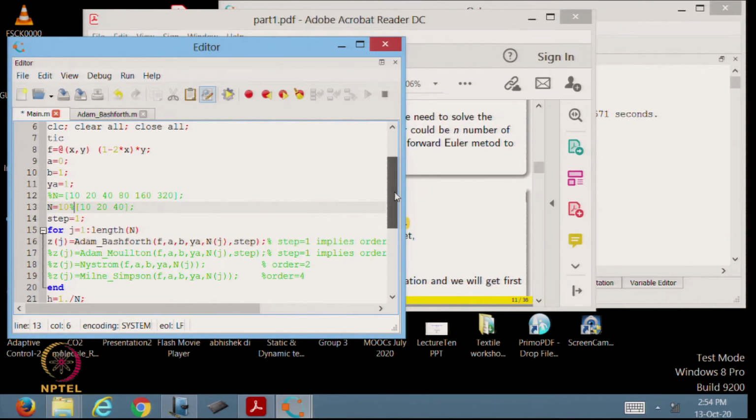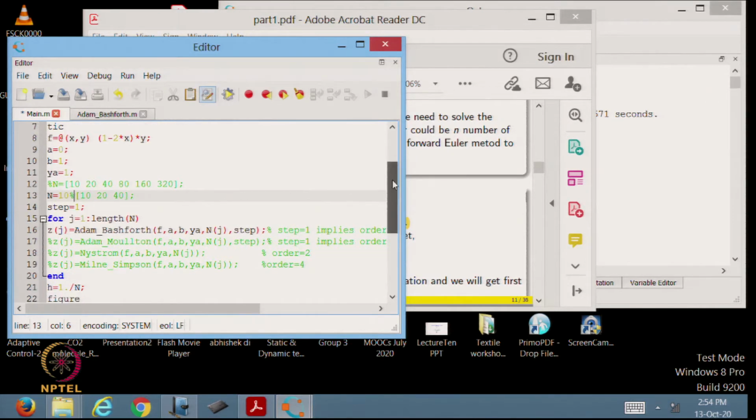You must already be familiar with these concepts, which is why I am not re-explaining them. For j is equal to 1 to length of n. I am using length of n because later on I will be working with the array of n, but right now I have just considered one single value of 10. So, length of n does not make any big difference here.